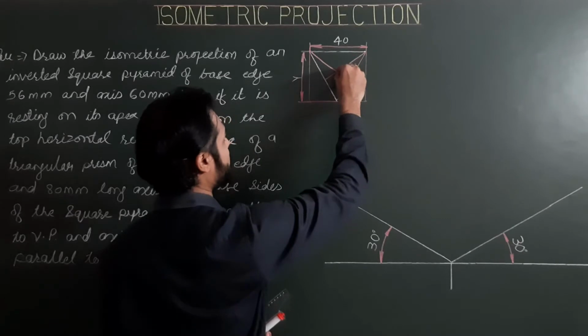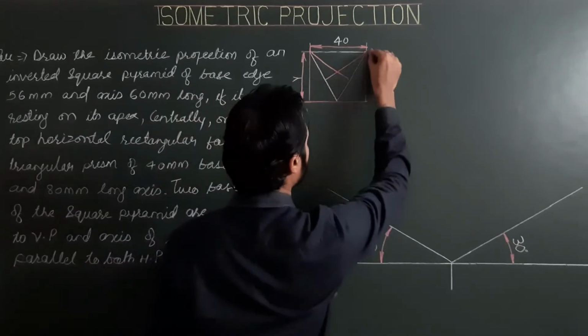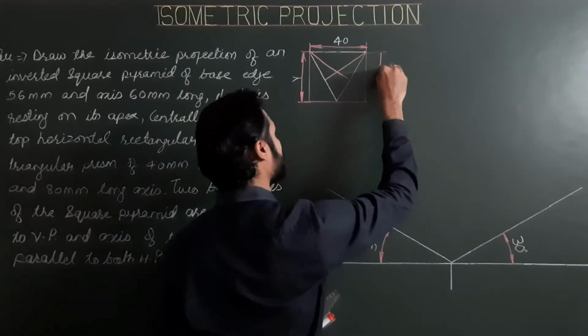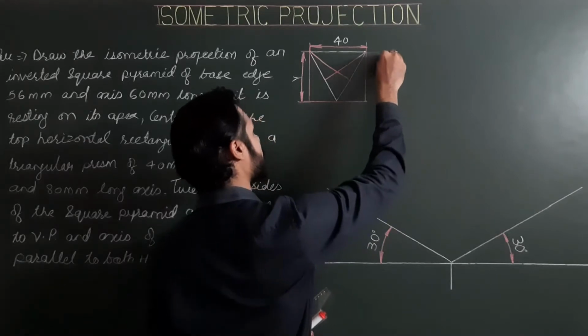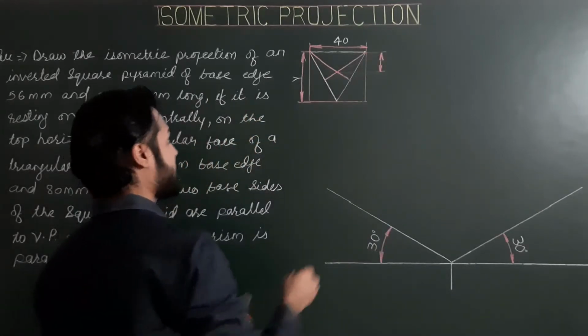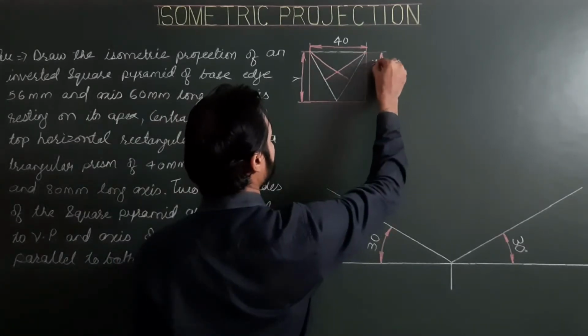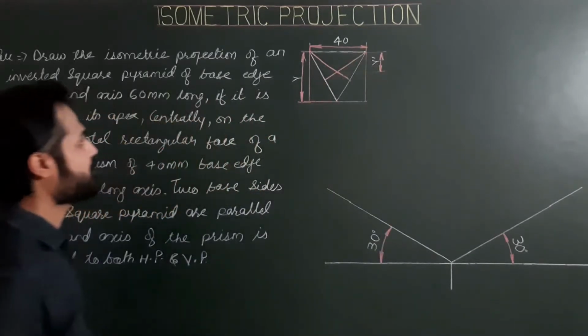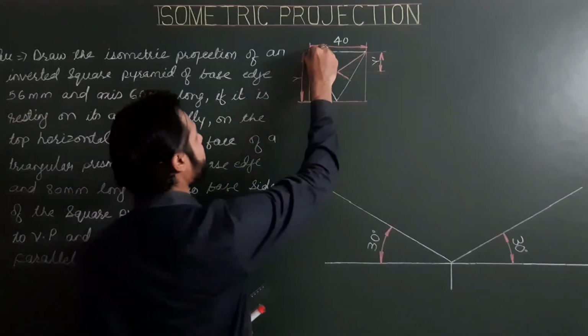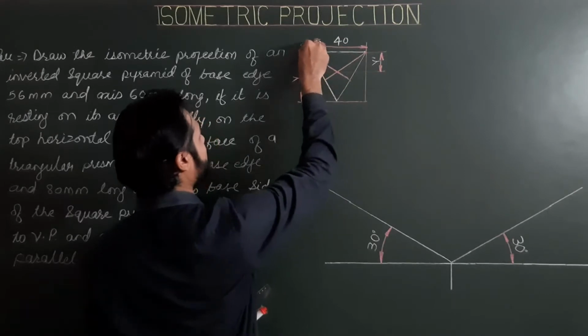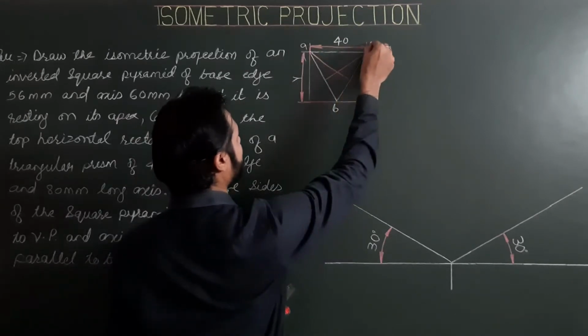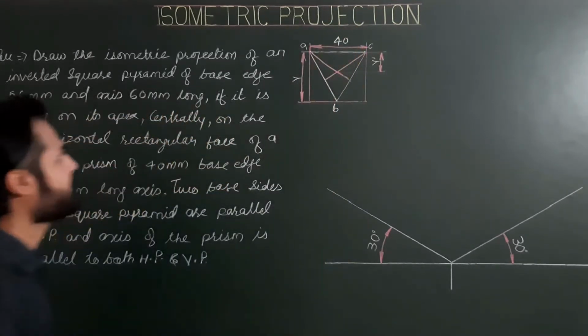The common intersection point is the center. Distance of the center from the reference base is Y dash. And these are the three corners of the triangle, A, B and C.